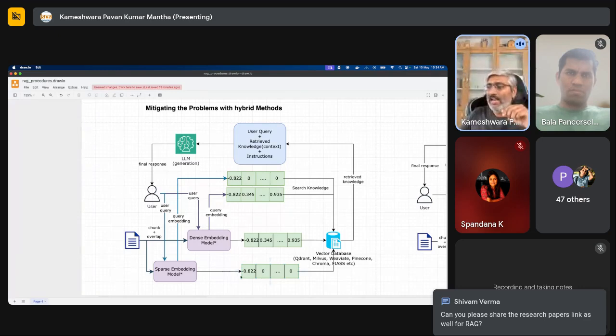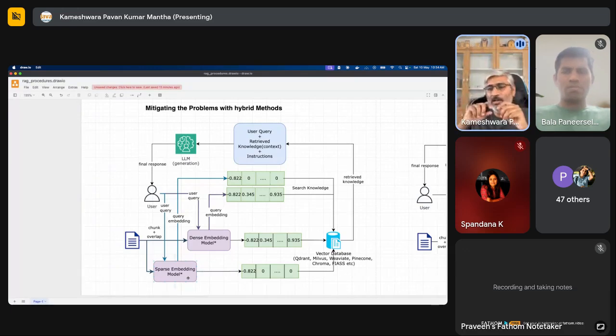And sparse embedding models have very few entries, based on keyword matching. So these are keyword matching vectors, and both vectors are stored inside the vector database. From now onwards, I will choose Qdrant. When I refer to Qdrant, just take it for granted it's a vector database. So in Qdrant, I will be embedding these two vectors into the database.